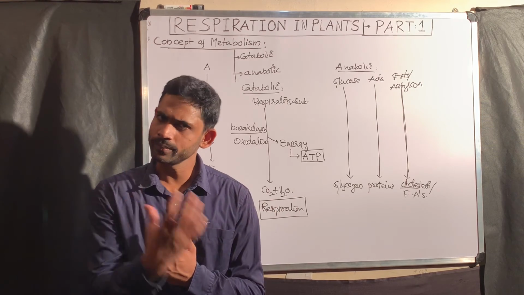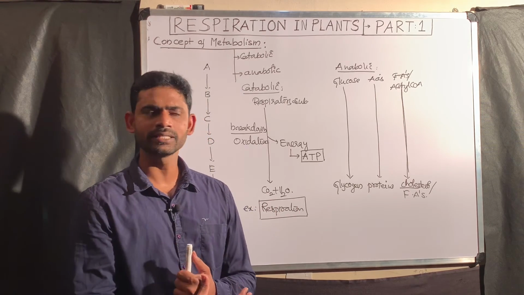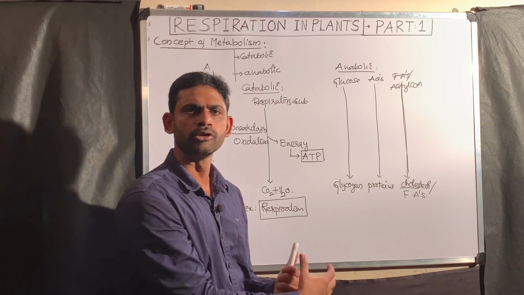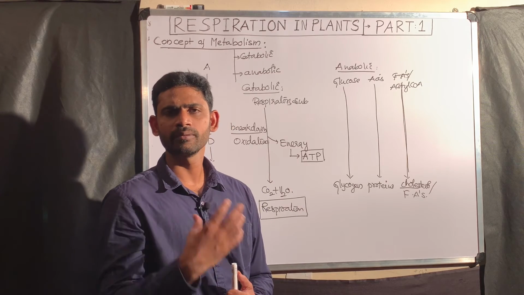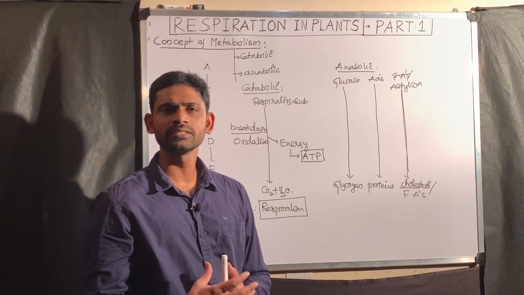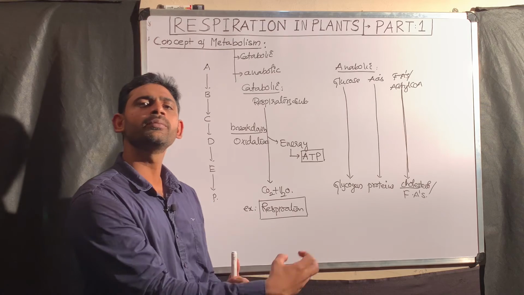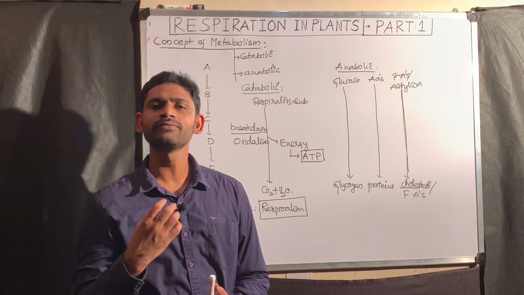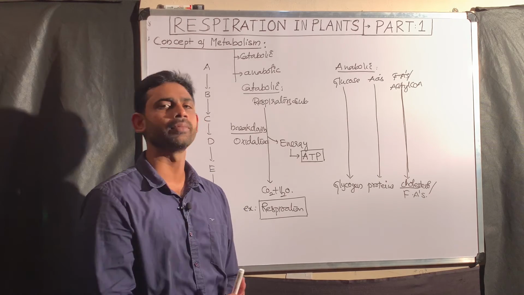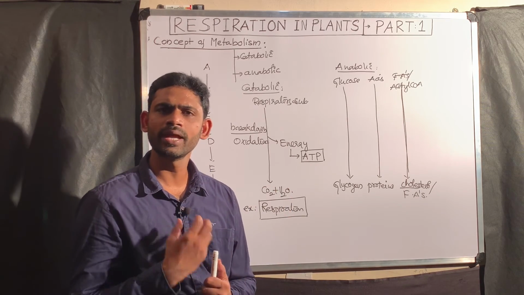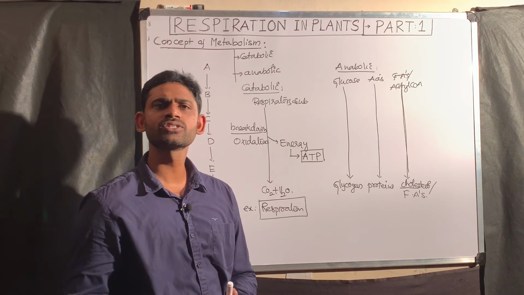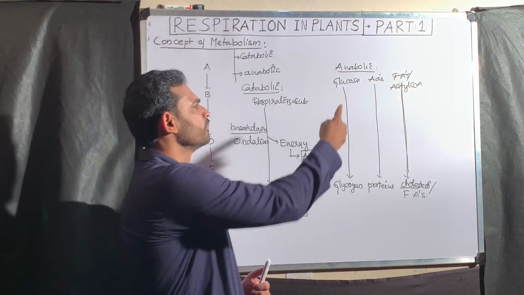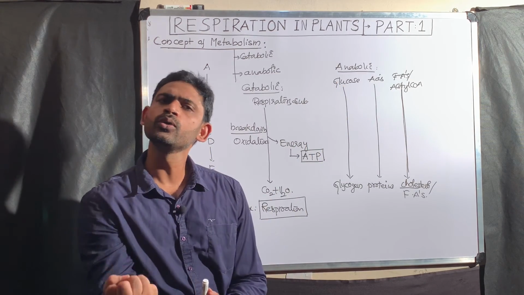The anabolic pathway is defined as the synthesis of a complex biomolecule. More precisely, the synthesis of a complex required biomolecule, because each and every biochemical reaction is fundamentally decided by its requirement. That is why the anabolic pathway is defined as the synthesis of a complex required biomolecule from simple molecules.